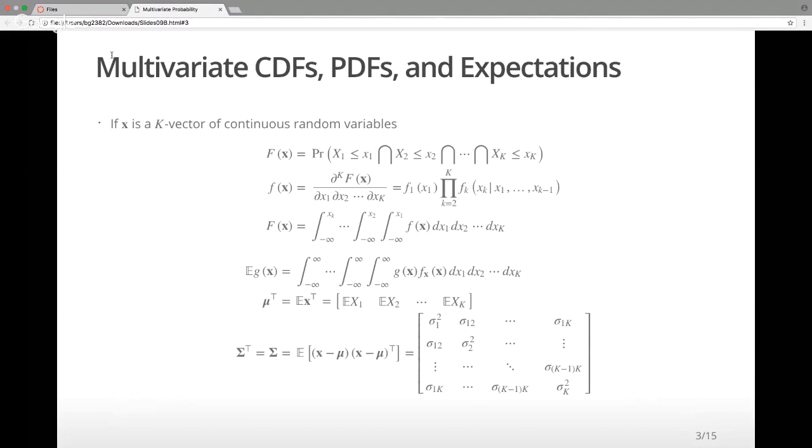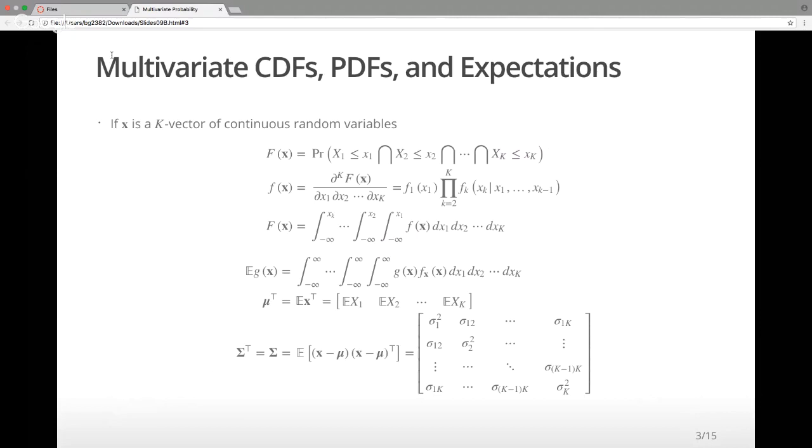We can define the CDF of the random vector X as the probability that the first random variable, big X1, is less than or equal to some given value little x1, and simultaneously the random variable big X2 is less than or equal to some given value little x2, and simultaneously the kth random variable, big Xk, is less than or equal to some given value little xk.